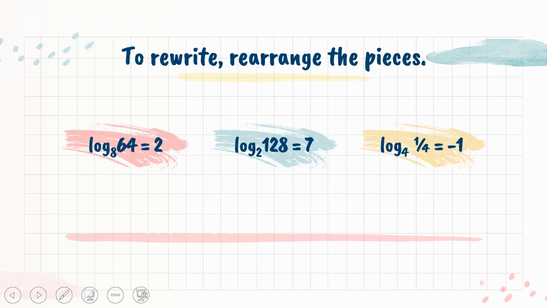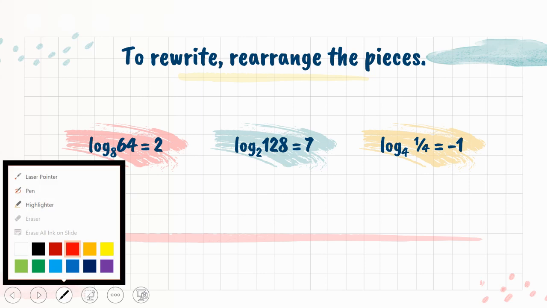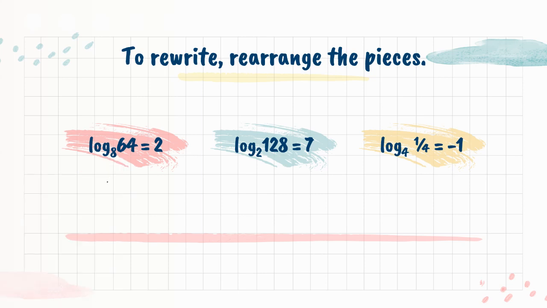Let's try a couple. So we are going to rearrange these logs to rewrite them as exponential functions. So let's start with what is our base? Our base is 8. If it helps, think about 8 is in the basement of the log. That's the base of my exponential function. My exponent, remember, is 2 because that moves around, and then my answer is 64.